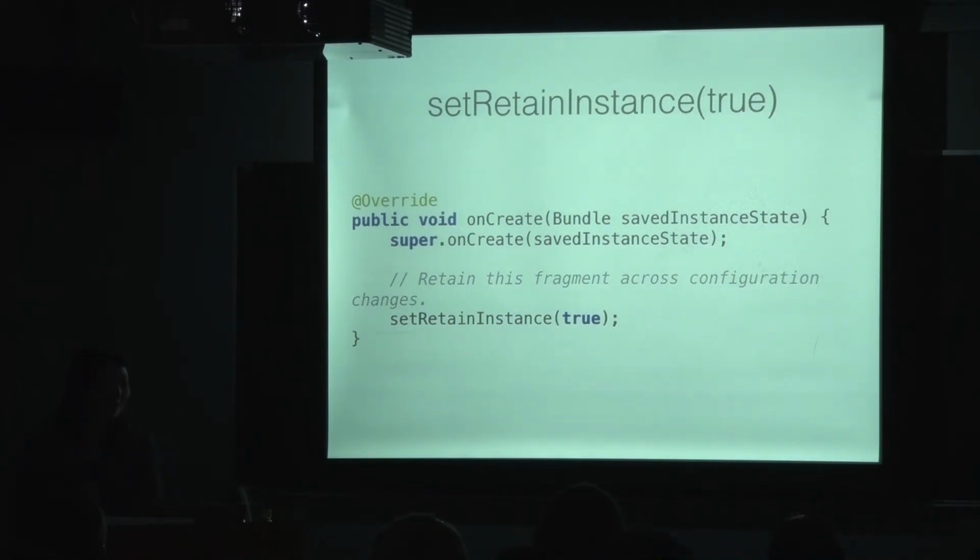This is also a powerful feature to use with what's called a headless fragment, which is a fragment that doesn't have UI. It's a nice way to hold references to objects that you can't allow to be destroyed in circumstances such as an orientation change.